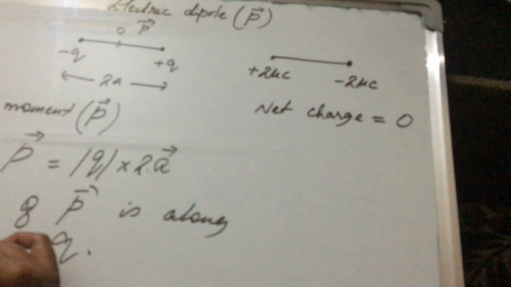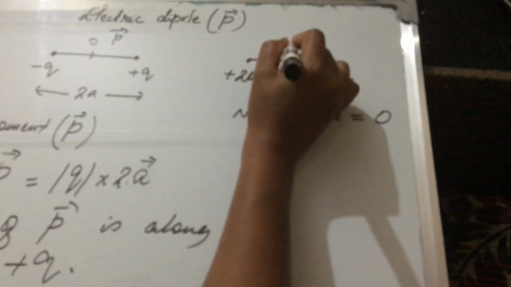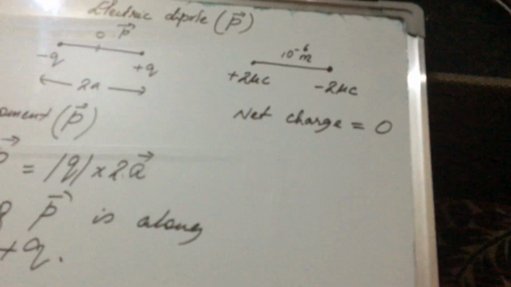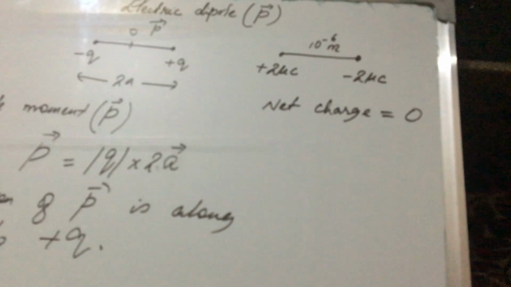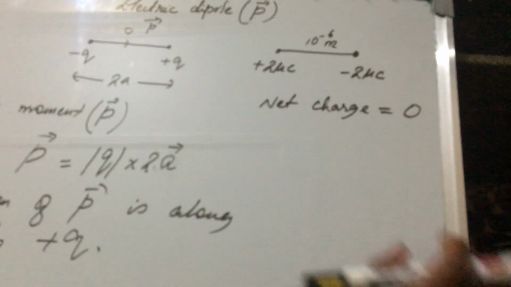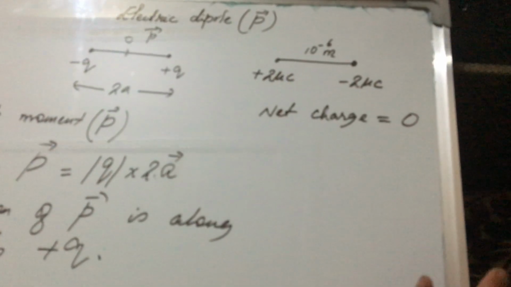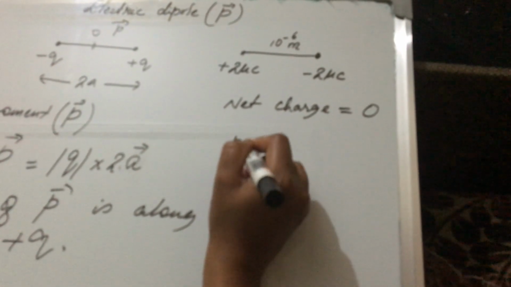Let's say they are at a distance of 10 to power -6 meter, that is 1 micrometer. Whenever polarization induction occurs, the distance cannot be large. That's why I'm using such a small unit here. Now the question is, how much is the dipole moment?